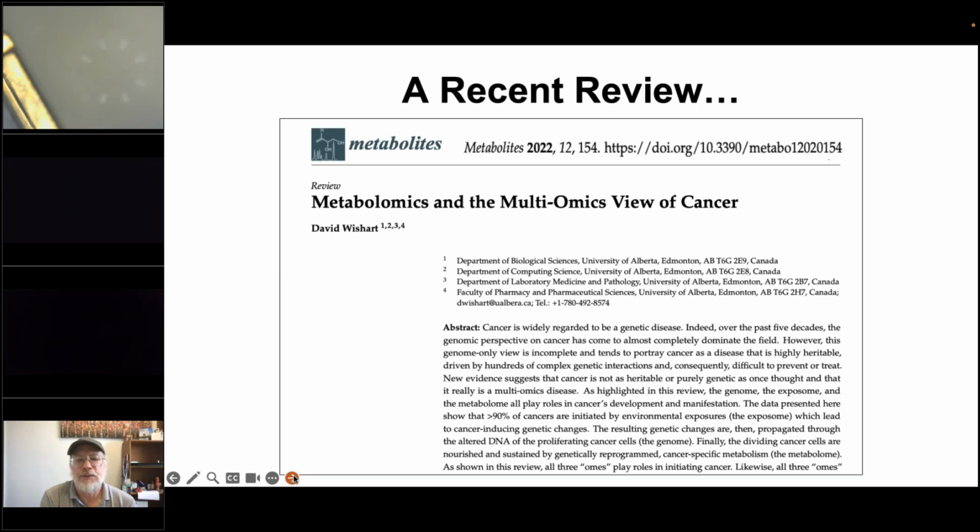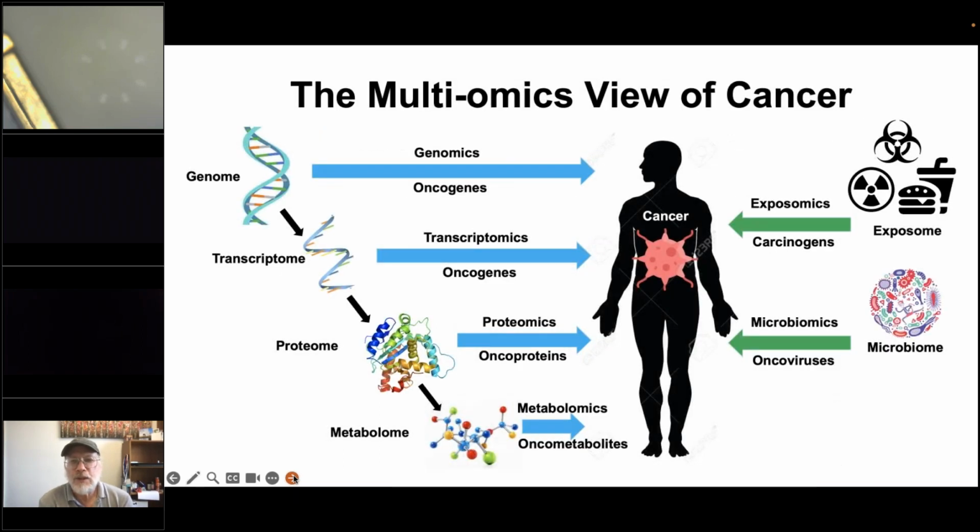And as part of that review, we have this illustration which showed these connections that people have traditionally and more recently viewed cancer with. On the left-hand side, we have this picture of how the genome leads to the transcriptome, which leads to the proteome and the metabolome.